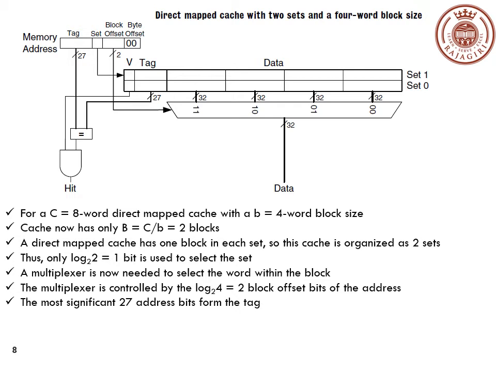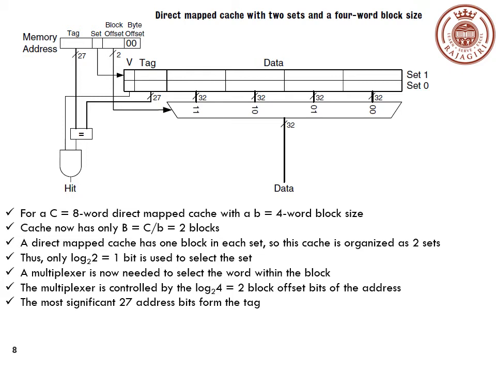Now when the processor gives you a memory address, suppose in this case you are going to set 1, this data will be present in set 1 either in the block offset 00, or 01, 10 or 11. If it is valid cache data, and if the tag values are the same, the equality comparator will give you a 1, it is a hit.